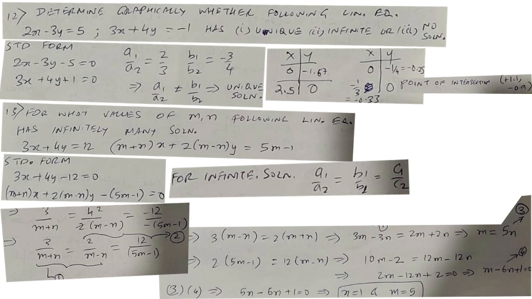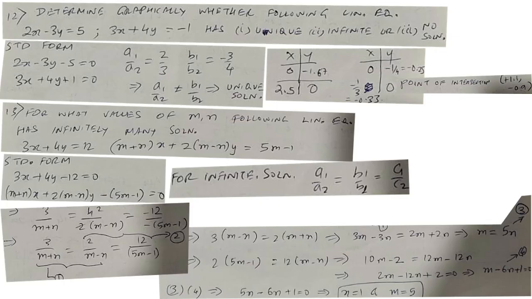So if you cross multiply 3 divided by (m plus n) is equal to 2 divided by (m minus n), you get 3 into (m minus n) is equal to 2 times (m plus n). So 3m minus 3n is equal to 2m plus 2n. That means m is equal to 5n. That is equation number 3.